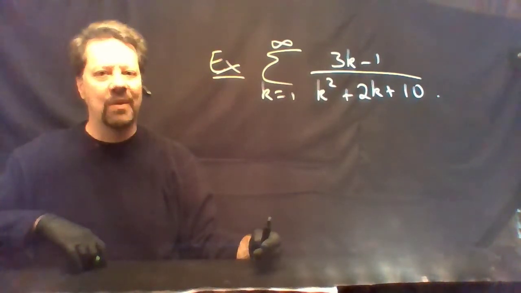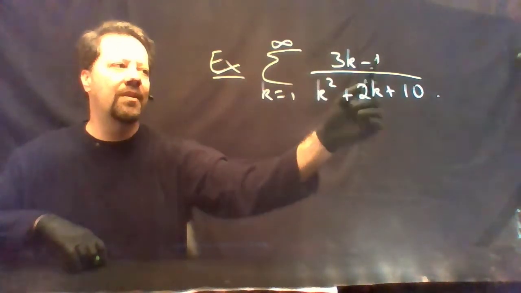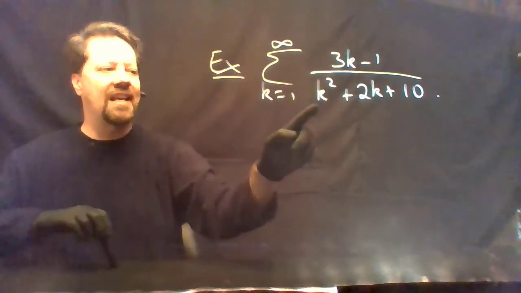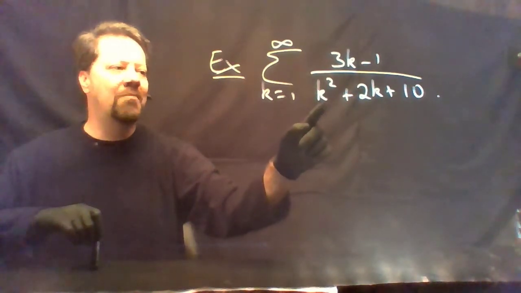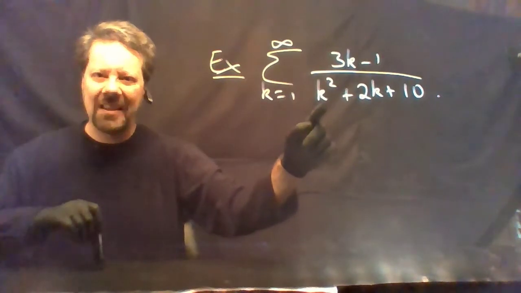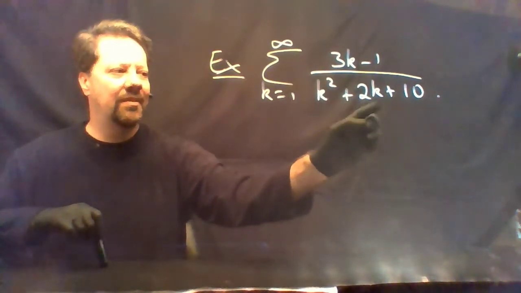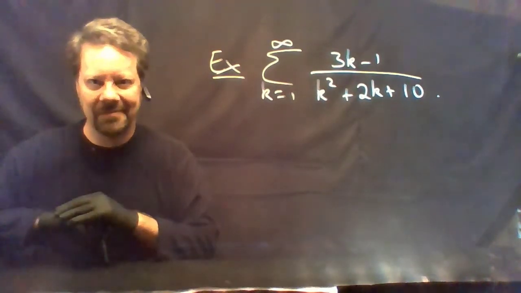As k gets really, really big, these lower degree terms don't really matter. Notice that if k is, say, 1,000,000, which is a pretty big natural number, what's a million squared? A million squared is 1 trillion. Plus 2 million. Who cares about 2 million if I have a trillion over here?